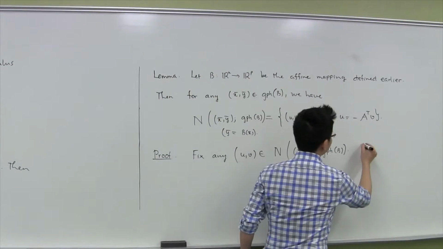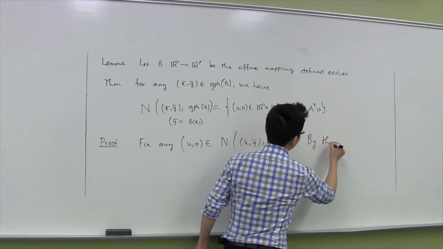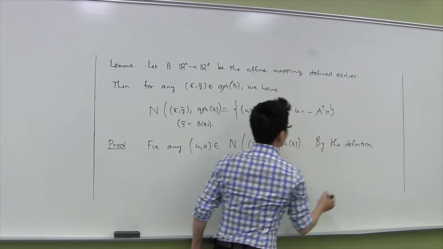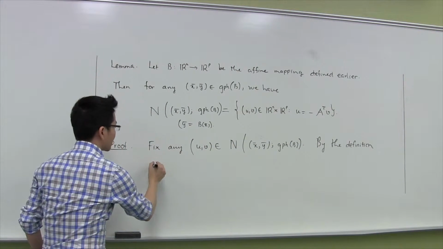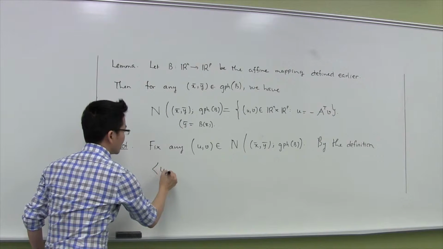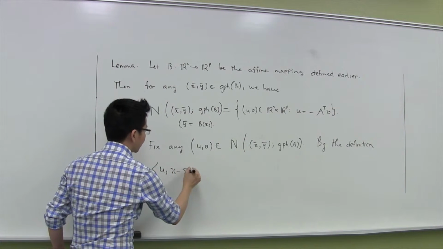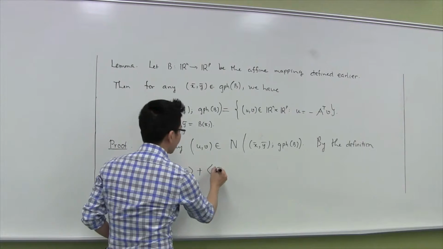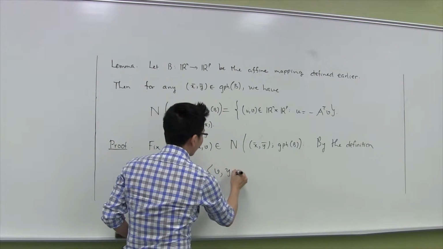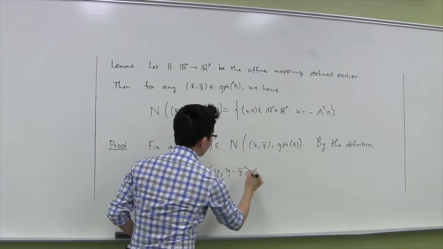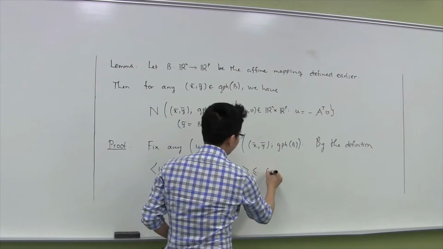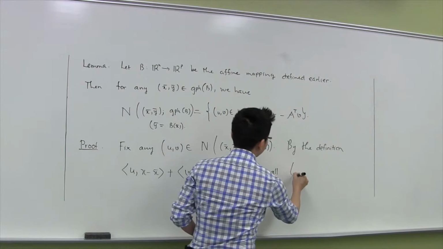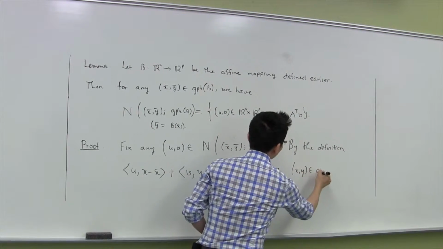By the definition, the inner product of u and x minus x bar plus the inner product of v and y minus y bar is always less than or equal to 0 for all (x, y) in the graph of B.